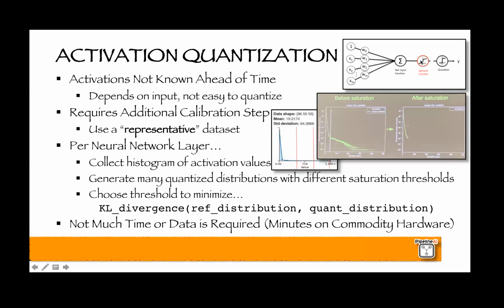Here, we don't know the values of this activation because we don't have any X; no data has been passed through. This is how we get around it. We actually calibrate. That's the official term. You run through samples of X, and this is sort of hand wavy. It's a representative data set, so you want a good data set across all the different types of inputs that could be coming in.